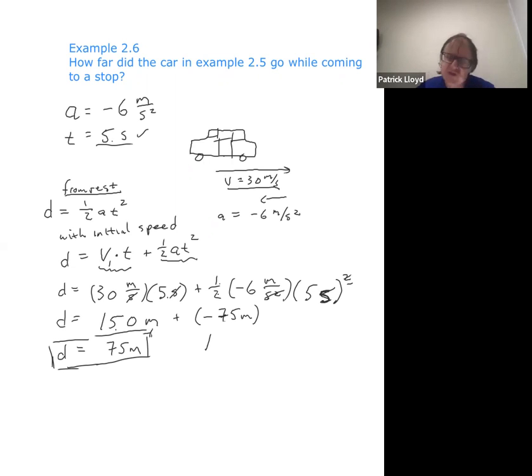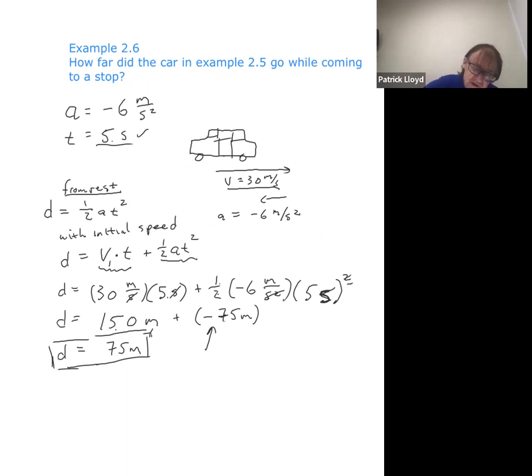Now, why negative here? Because the acceleration is slowing the car down, so it's not going to travel as far as if it were continuing to go. If you didn't hit the brakes and you just traveled at 30 meters per second, every second you would go 30 meters. After 5 seconds, you would go 150 meters, but we're slowing it down.